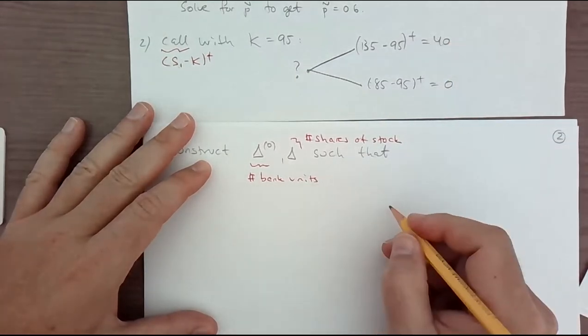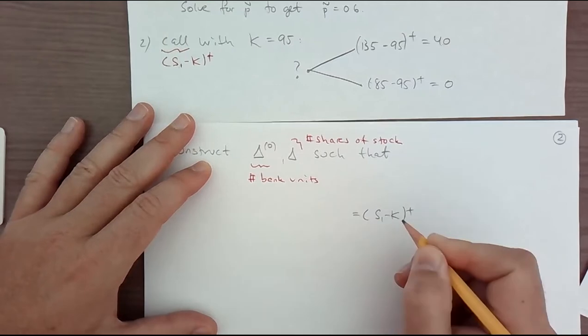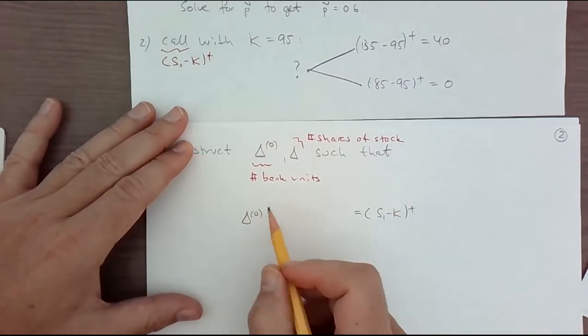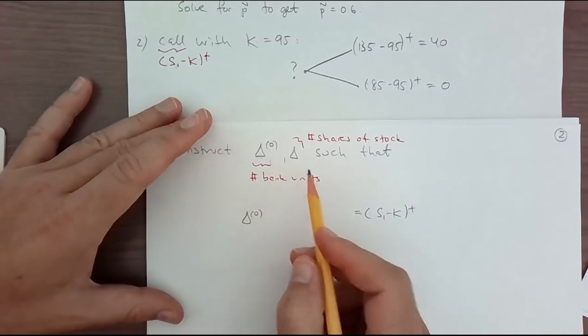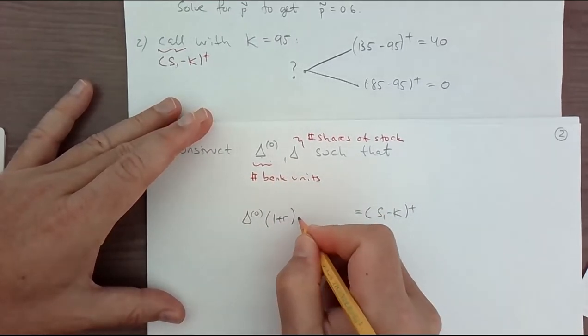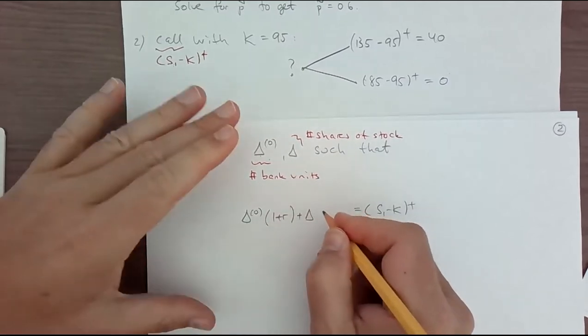You want to have S1 minus K on the right-hand side, and on the left-hand side delta 0 times the value of these units at time 1, so you multiply by 1 plus R, and the other one you multiply onto S1.